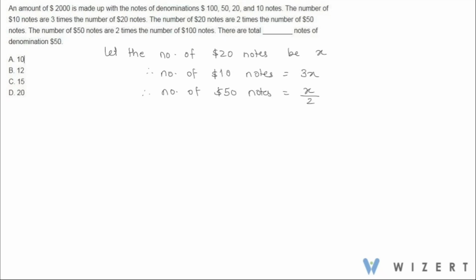Now the number of $50 notes is 2 times the number of $100 notes. Therefore, the number of $100 notes is equal to x by 2 and half of that, so x by 4.